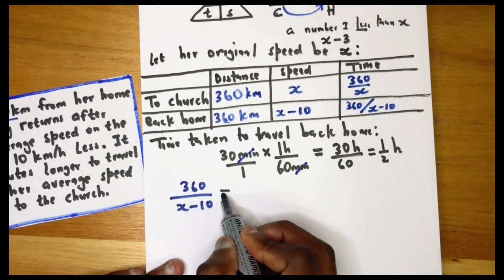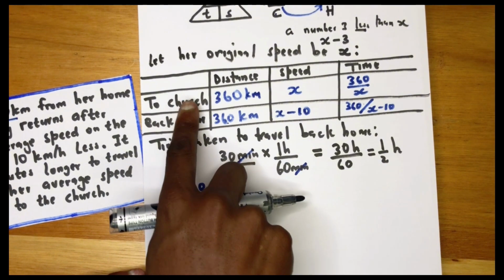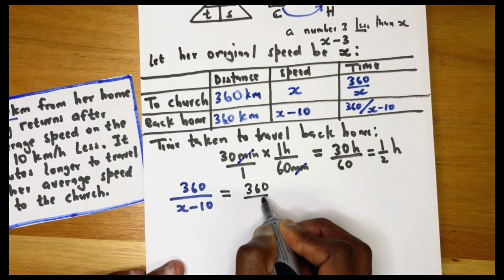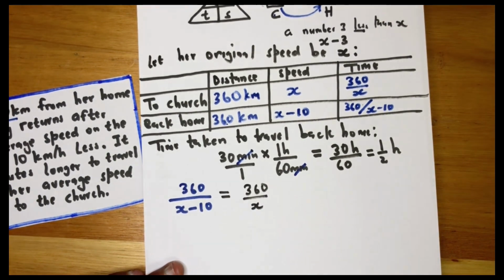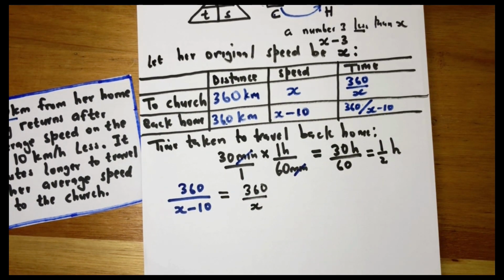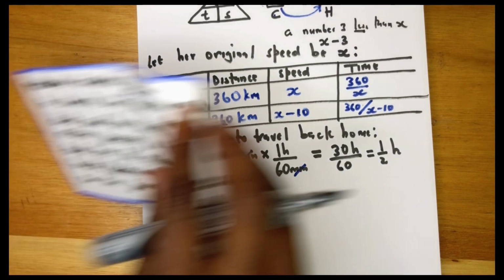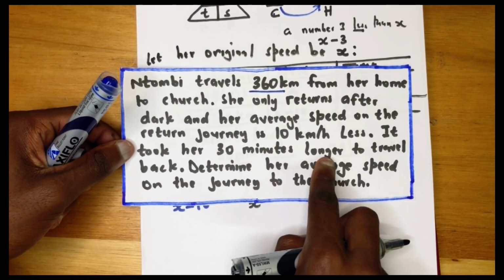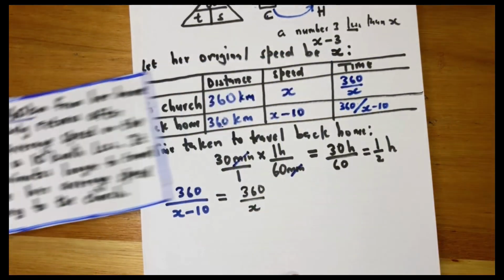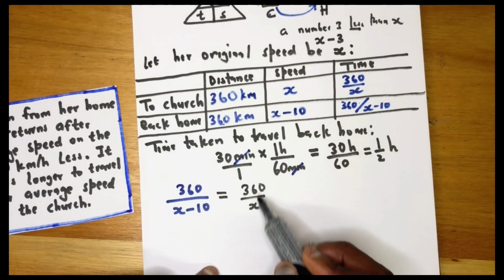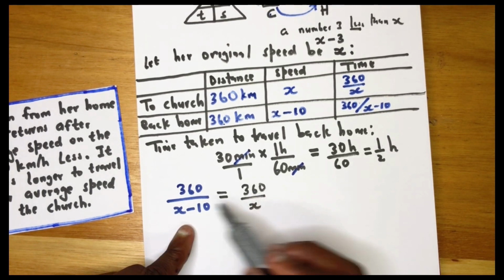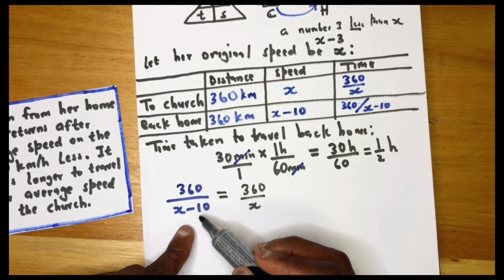Must be equal to the time taken when she was traveling from home to church, which is 360 over x, right? But we were told that it took her 30 minutes longer to travel back. So remember, this time, she was traveling to church. This time, she was traveling back home.